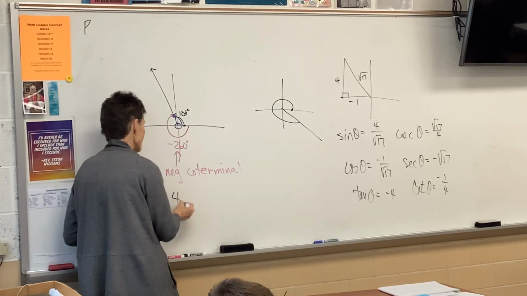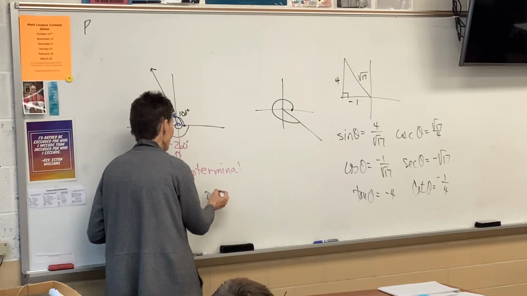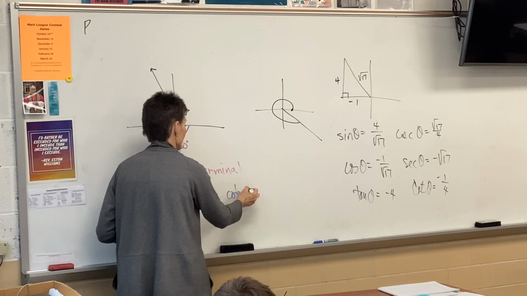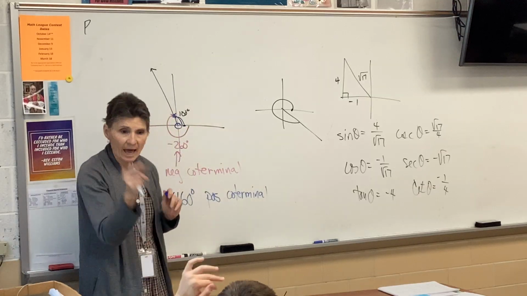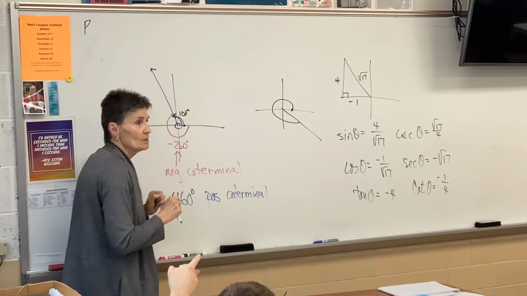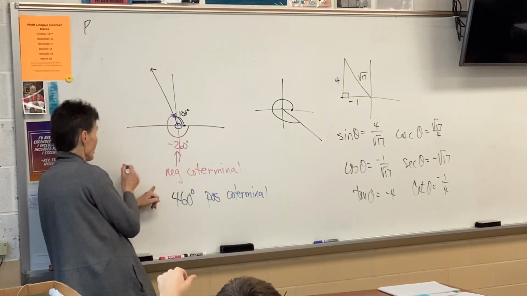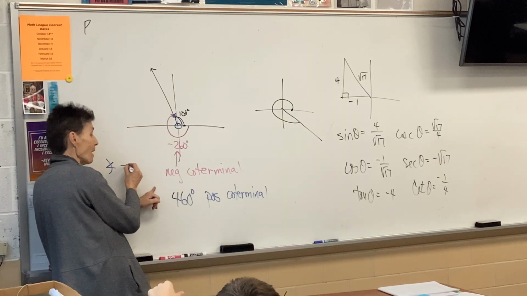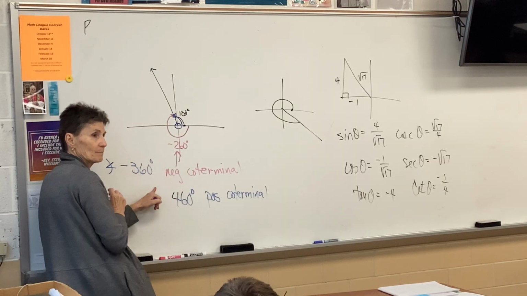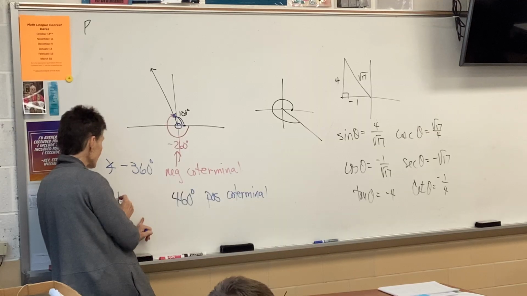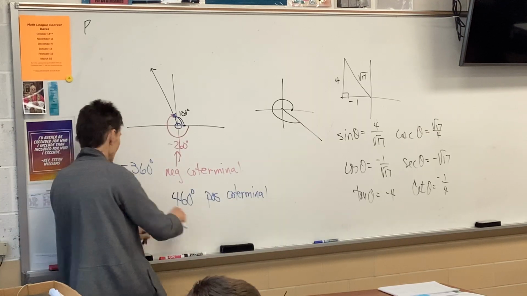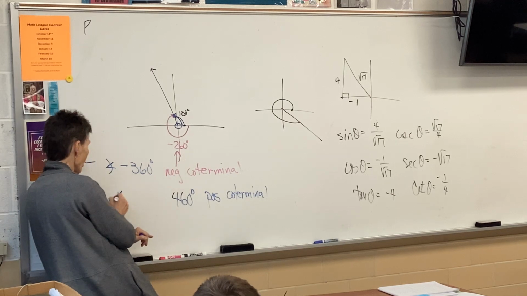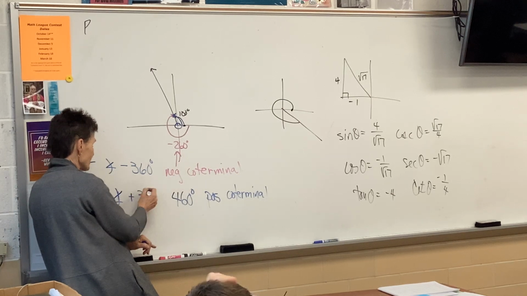Yep, so 460 would be a positive coterminal angle. How did I get 460? I added 360. So the negatives are your angle minus 360, and the positives are your angle plus 360.